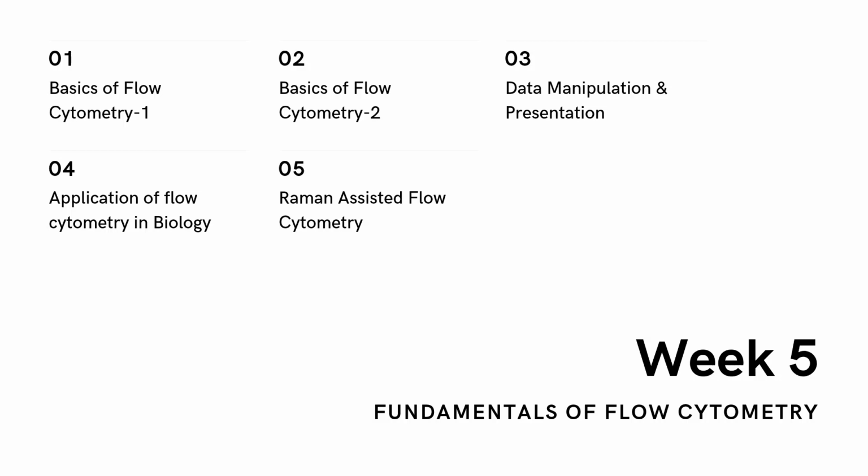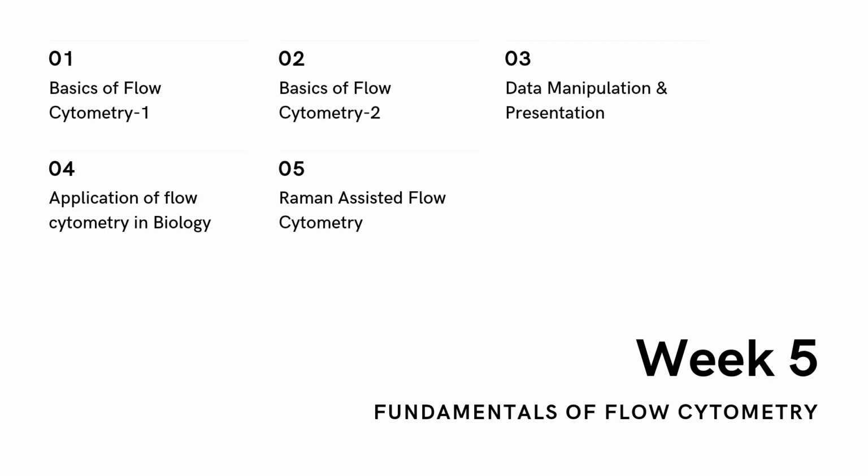So the biological suspension is made to flow in a single file past a sensing point. How that sensing point works will be discussed later. So that's the basics of flow cytometry, like how the word came.